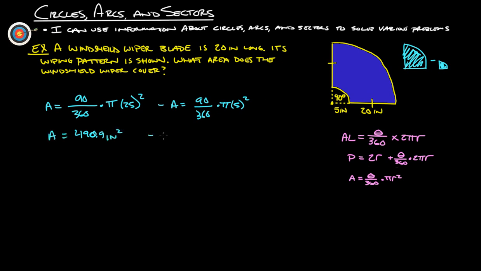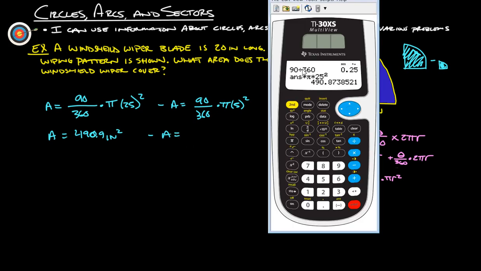Right, and then we're going to subtract our other area, which is all this same information here, except instead of 25 squared, we're going to just do 5 squared.